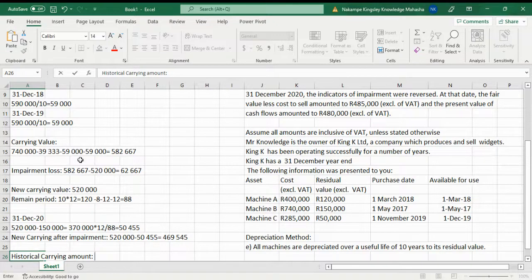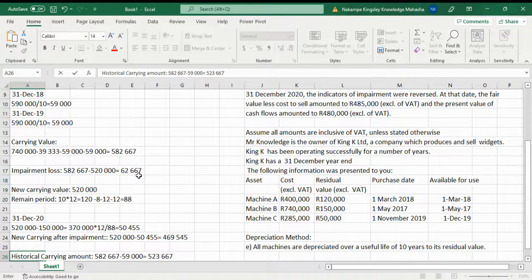So you are basically going to take your carrying value here, which was 582,667. You subtract 59,000, you're going to get 523,667, right?